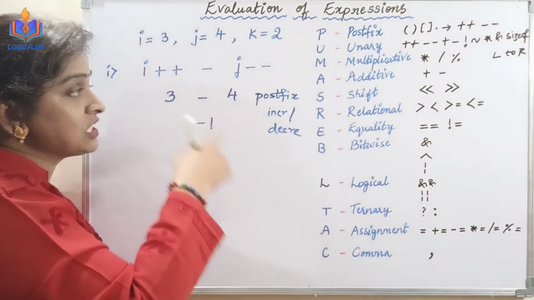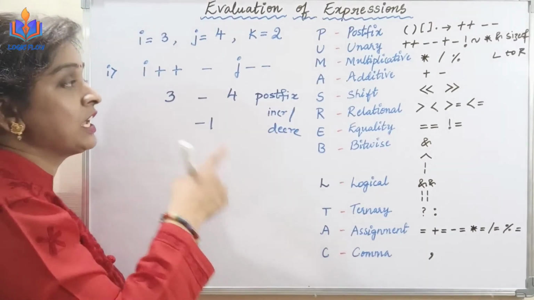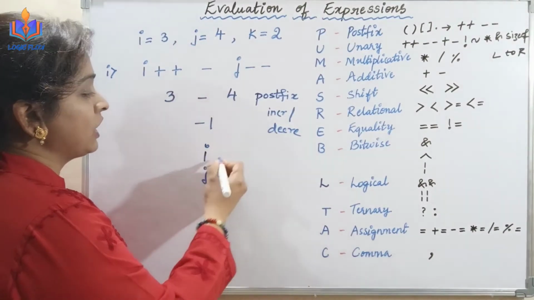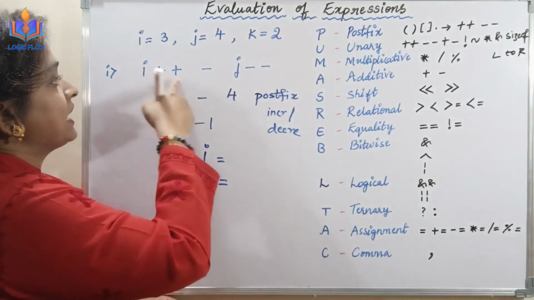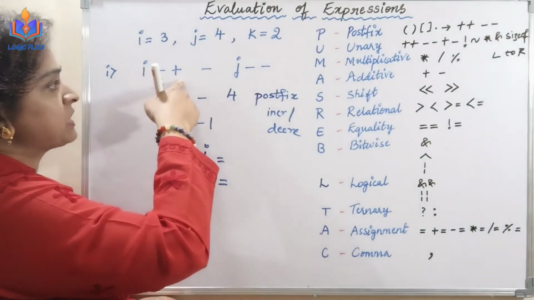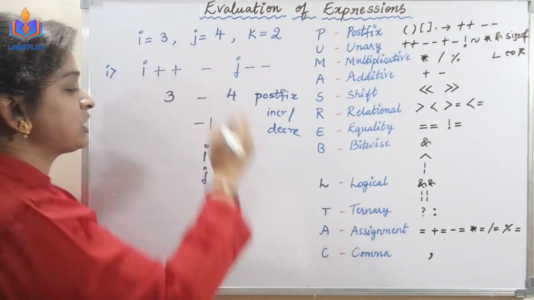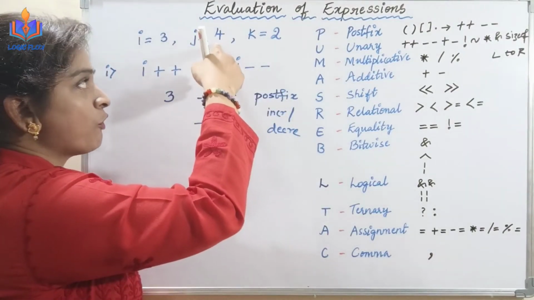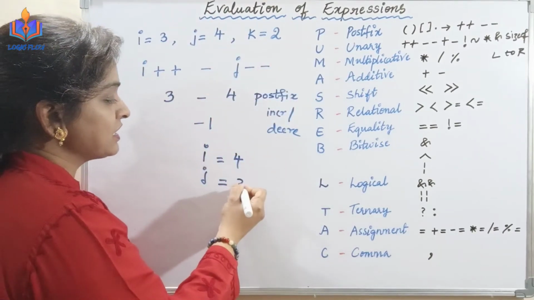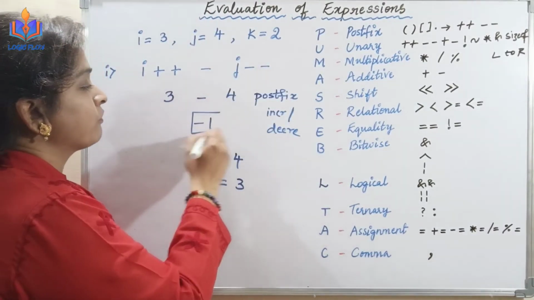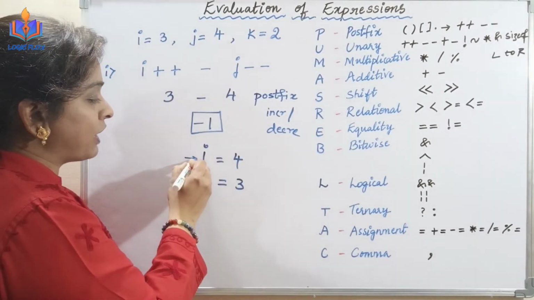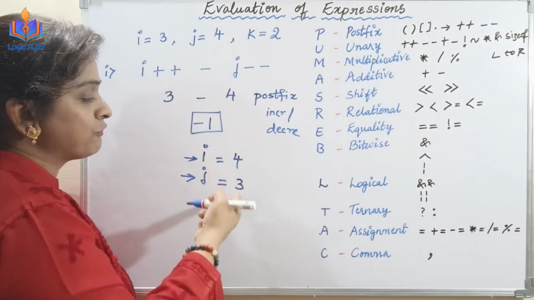After this evaluation, if I ask the compiler to print the values of i and j, i gets incremented: i plus plus means i equals i plus 1, 3 plus 1, it is 4. j minus minus, 4 minus 1, it is 3. The outcome of this expression is minus 1. And if I print the values of i and j, it will print 4 and 3.